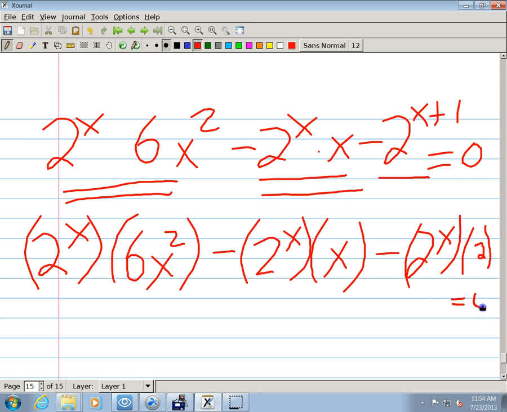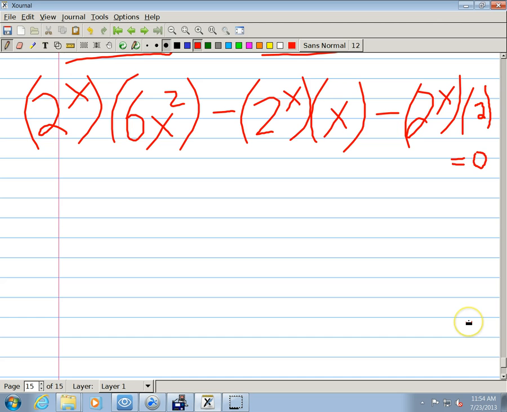But I still don't know how to solve this for the zeros. How do you find x such that that whole thing equals 0? Well, again, what do you notice in every single term? 2 to the x. So what's your favorite F word? 6 letters. Factor out what? 2 to the x. Okay, so take out 2 to the x. What's left?